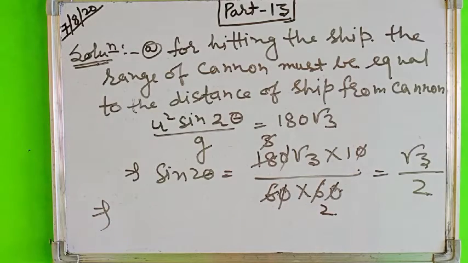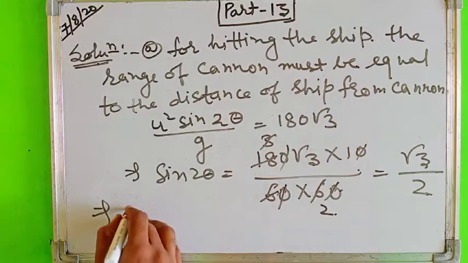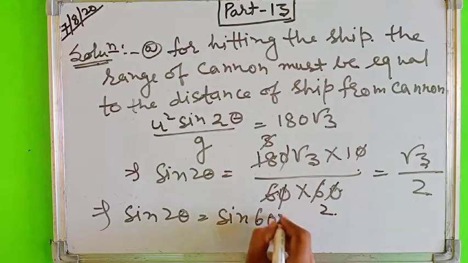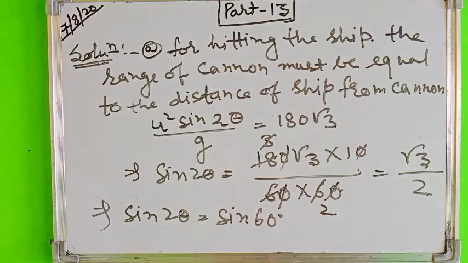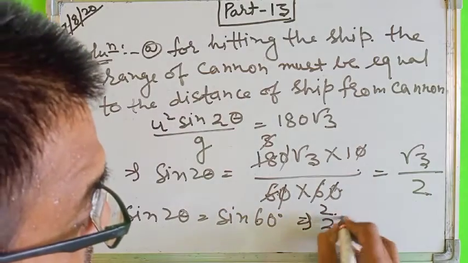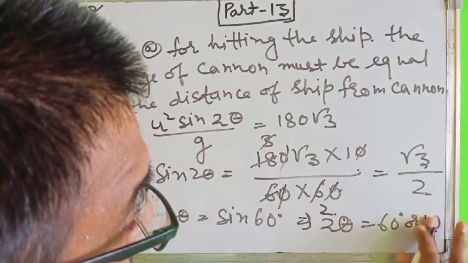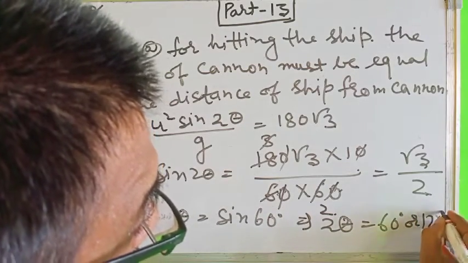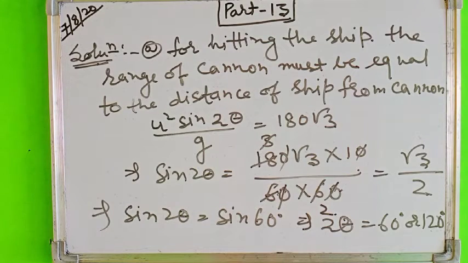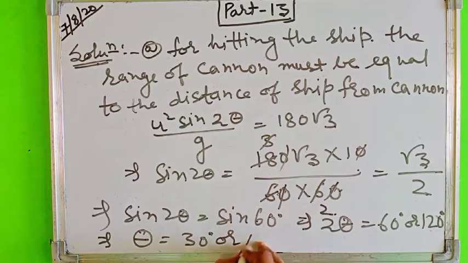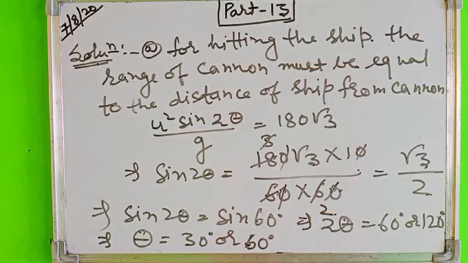So sine 2 theta is equal to sine 60 degree, or you can say that 2 theta is equal to 60 degree or 120 degree. From here we can calculate theta is equal to 30 degree or 60 degree.